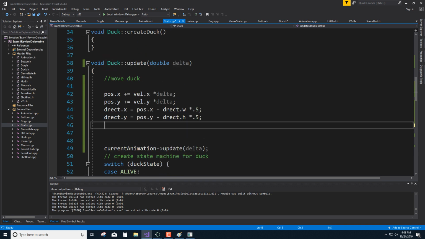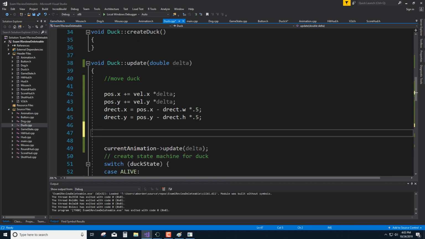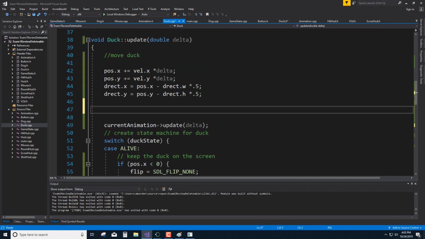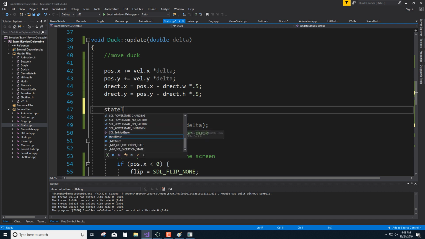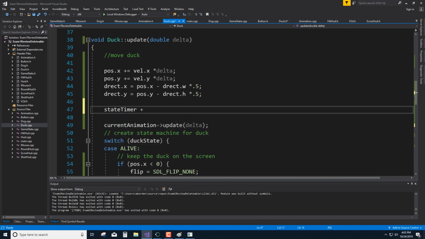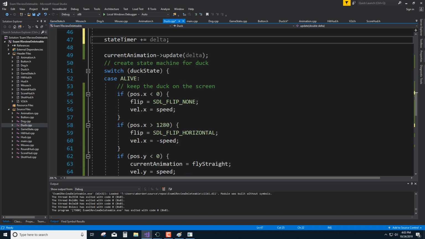This is a disadvantage of using a switch-based state machine instead of a polymorphic one, but the duck's not complicated enough to justify a polymorphic state machine for his AI. State timer plus equals delta, so it will always go up. We'll just reset it to 0 when certain things happen.